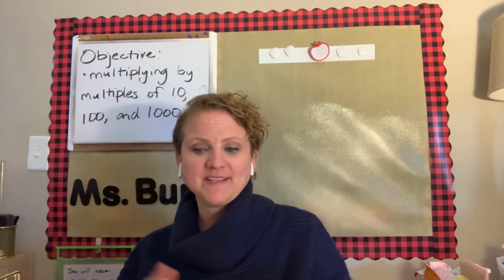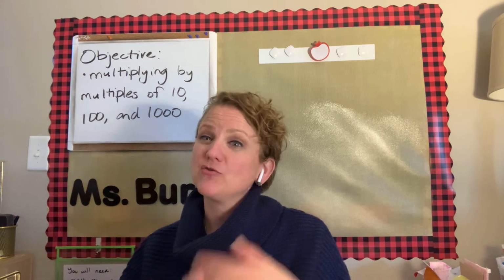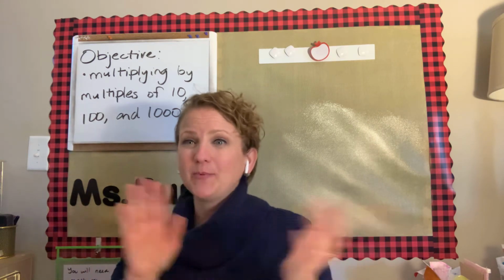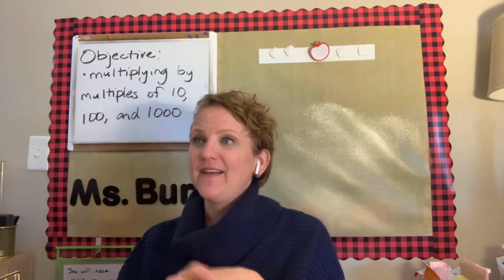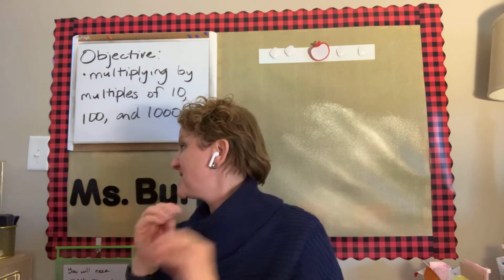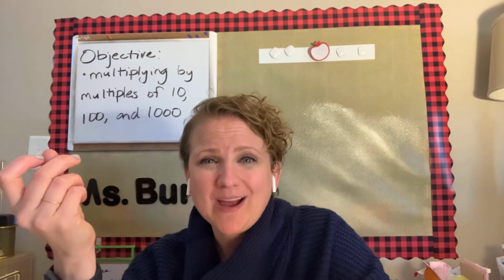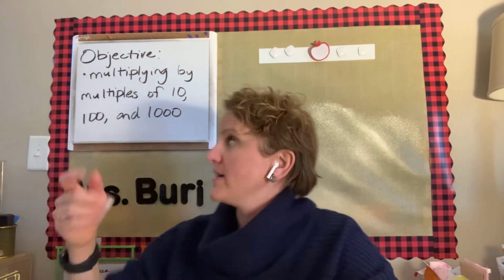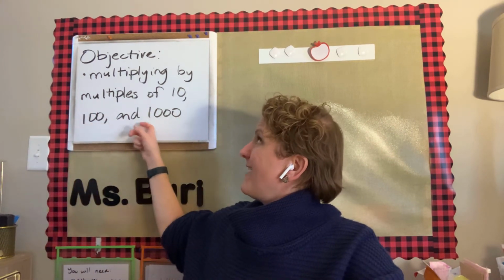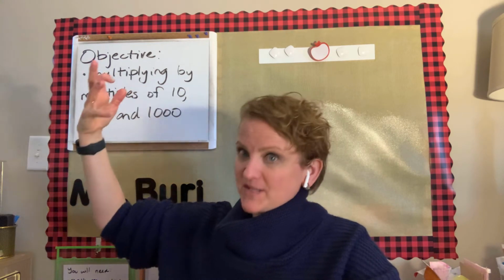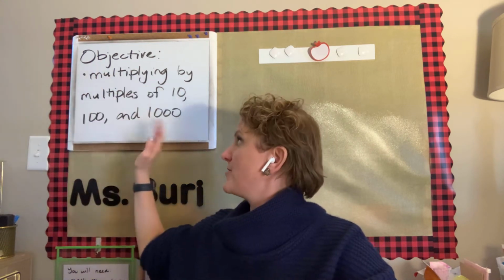And we talked about this idea that when multiplying by a number that's greater than 1, that decimal point is going to go to the right, and the number of zeros tells us the number of spaces that it's going to go to the right. Okay, so we're going to apply that rule today with a little bit more to it. Specifically, we're not going to be multiplying by just 10, 100, 1,000.